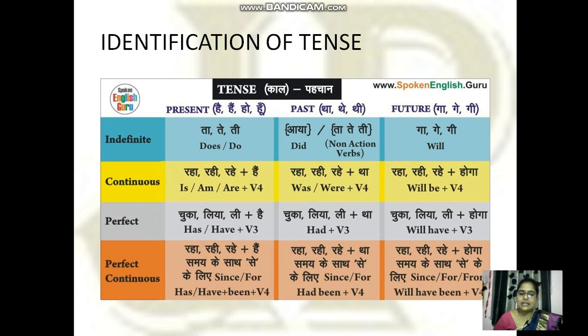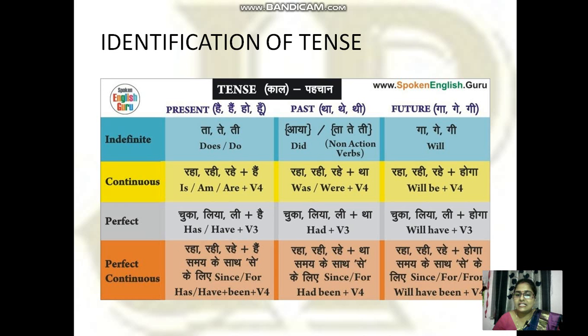Okay. Now come to present perfect. In Hindi, it has चुका है, चुके हैं, चुकी है. Okay. And in English, how could we identify that the sentence is in present perfect? It must contain has or have plus third form of verb.